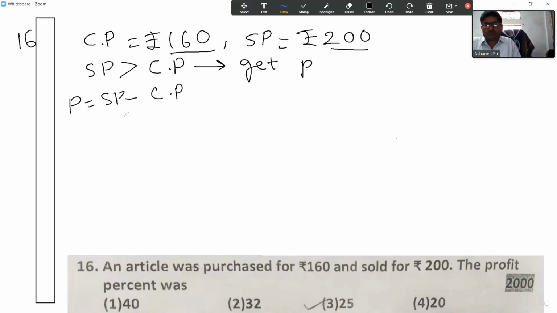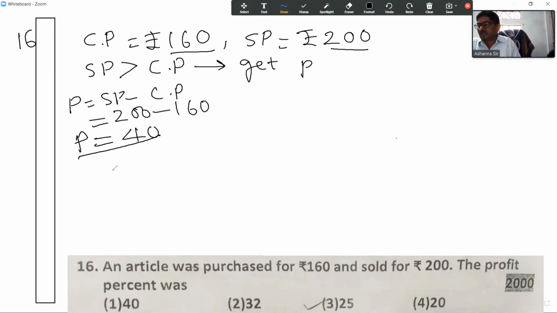If you don't know, you may calculate like this: SP minus CP, 200 minus 160, 40 rupees. 40 rupees is profit. Here they asked profit percentage. Profit percent is equal to profit by cost price into 100%. So this is the formula.